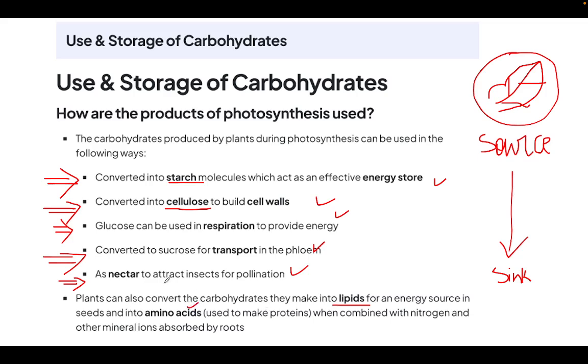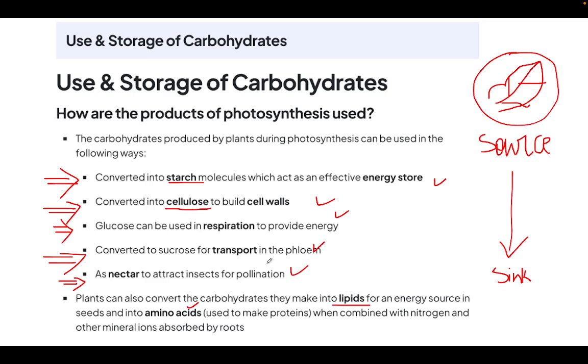So understand that carbohydrates can be made into lipids for energy store in seeds, but also into amino acids, which are used to make proteins when combined with nitrogen, and also other mineral ions absorbed by roots. This one, we talked about it in a previous video.